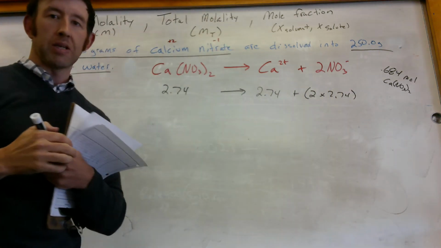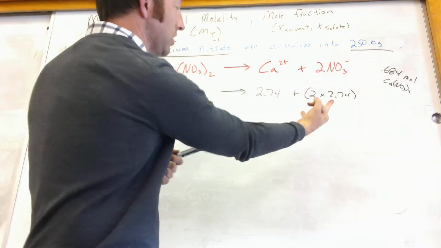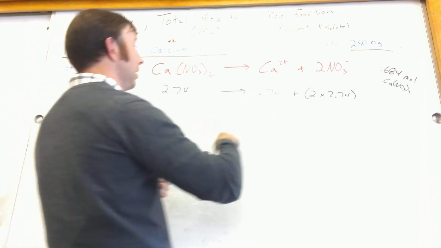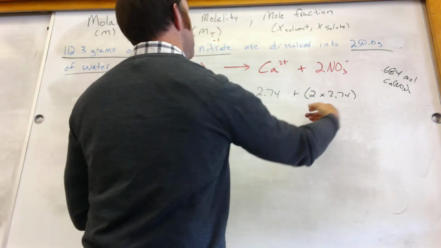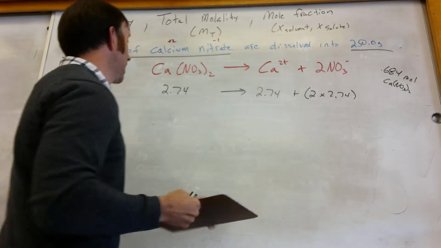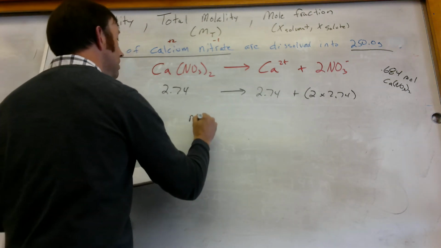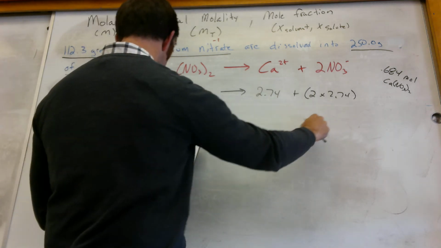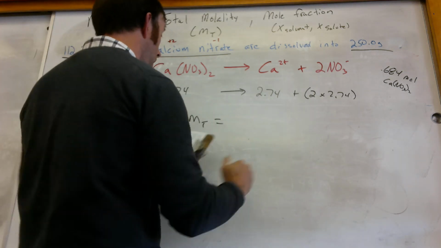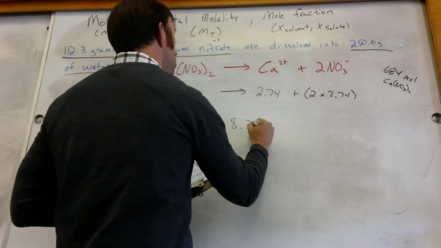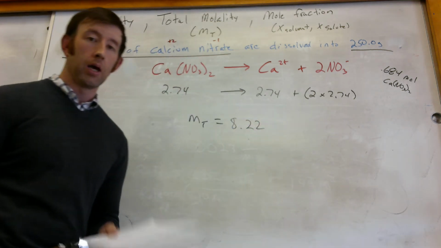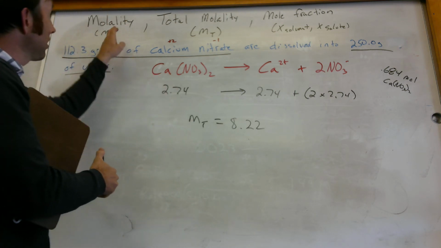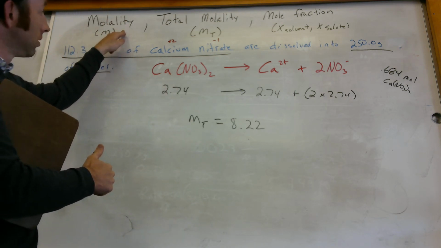Essentially my total molality in this case is going to be 3 times my original molality before I dissolved it. So 2.74 plus 2 times 2.74, when I do that calculation, my MT, total molality, is going to give me a whopping 8.22.